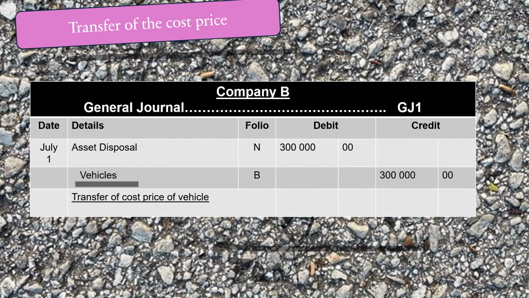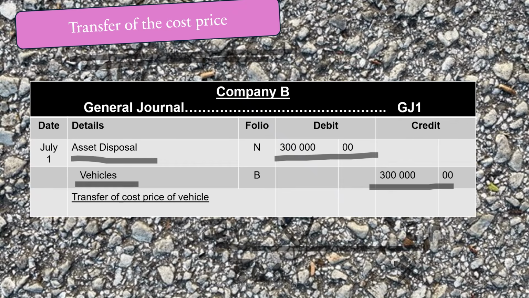To take the cost price out of the vehicles account, we must credit. That's the credit side. That's the debit side. We must credit vehicles with 300,000. There it is. And we will take this to the asset disposal account. So we debit asset disposal with 300,000. That's the transfer of the cost price.